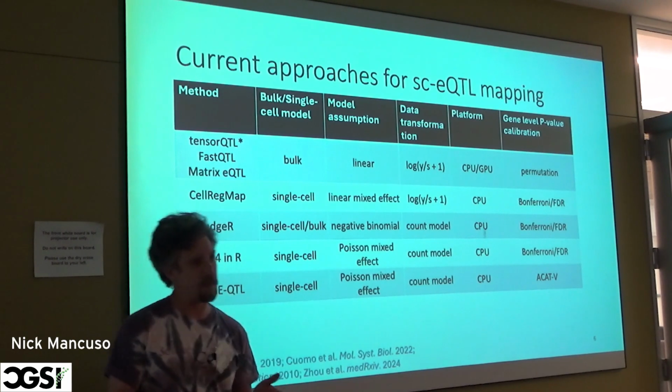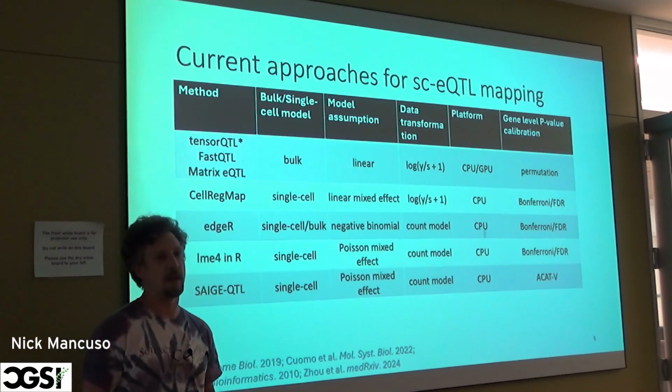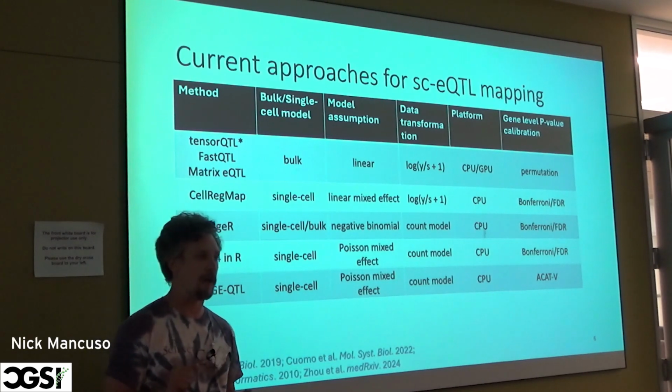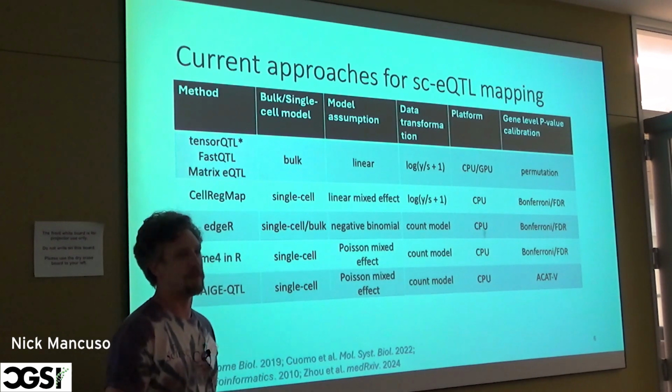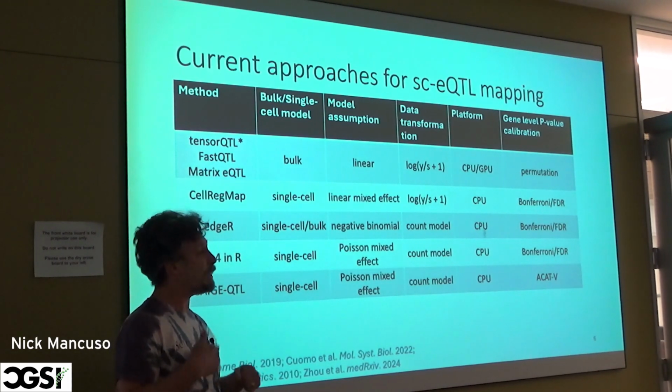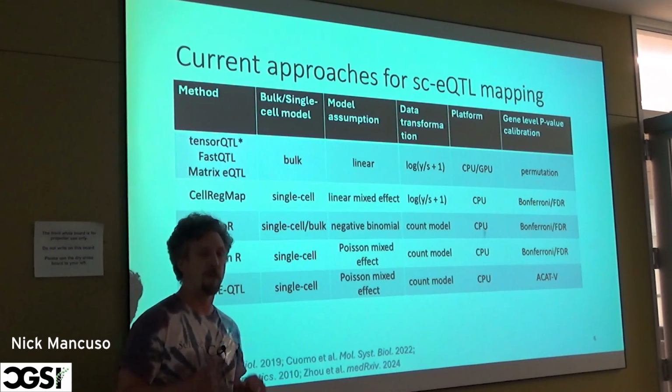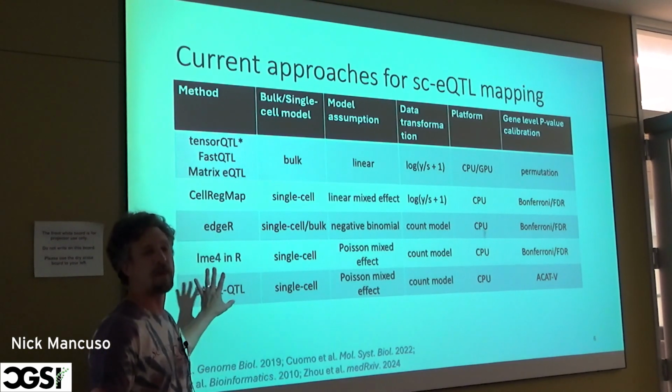However, a first pass on single-cell eQTL data is that if your covariates are fixed across the cells, then a lot of the math simplifies, and we'll see in a minute. There are plenty of reasons why you would not want covariates fixed across cells, so I want to be clear that this is a much more general model.